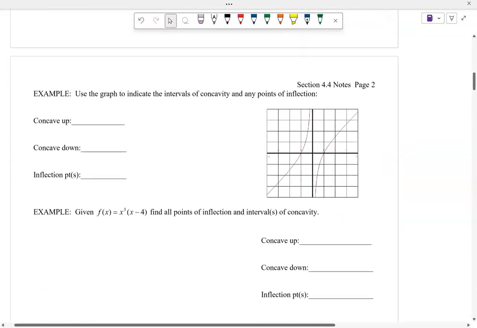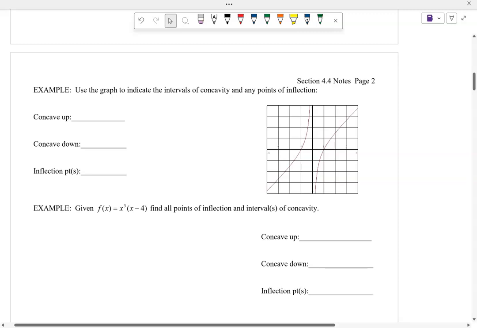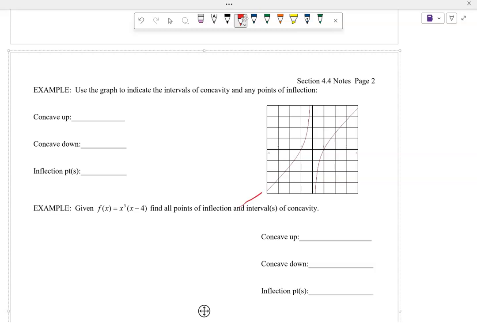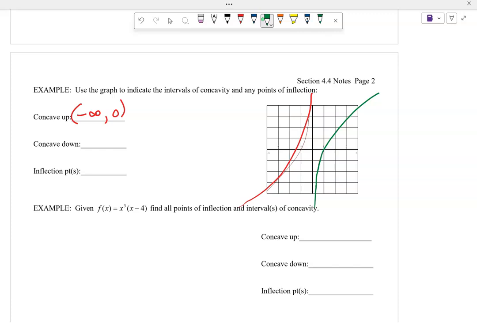Let's do another one. Can you see that this is kind of smiling up, if you will? You're concave up from negative infinity to 0. But over on this right-hand side, see how it's kind of going down, concave down from 0 to infinity, pointing down, if you will. Do you have an inflection point?